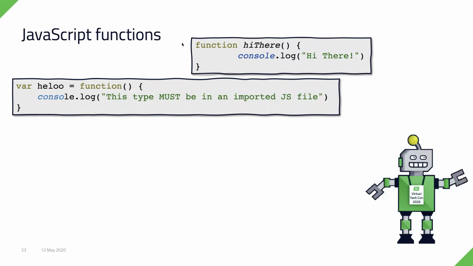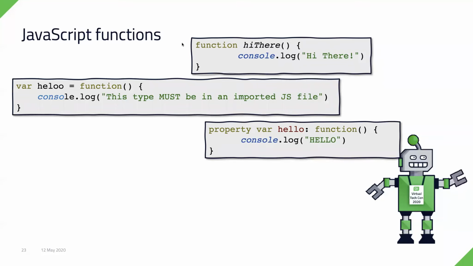This one, you need to do in an imported JavaScript file because you cannot embed that in QML directly like that, because you can't just use the assignment operator directly in QML. If you were doing it in QML, you would do it this way with the property type and name and then assign the function with a binding operator, and that would work.